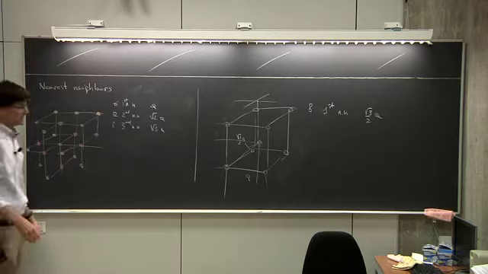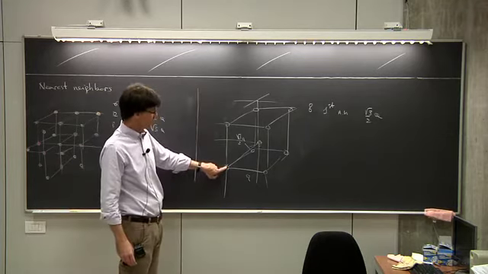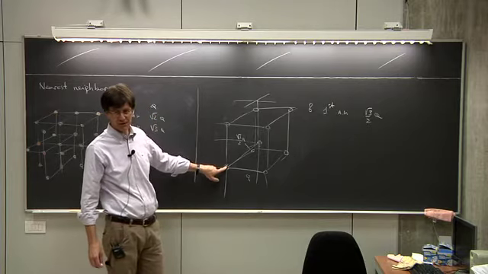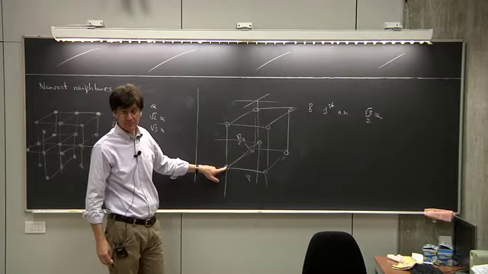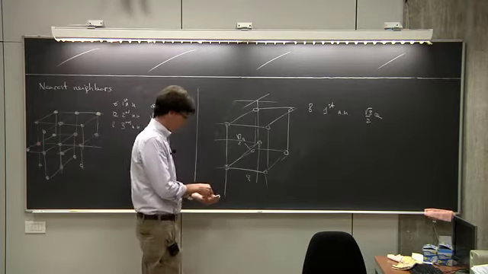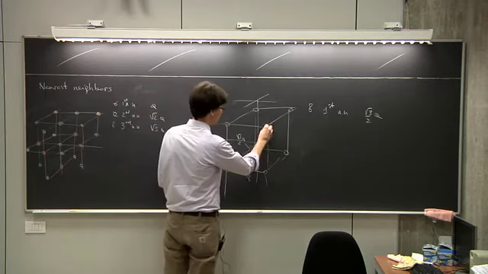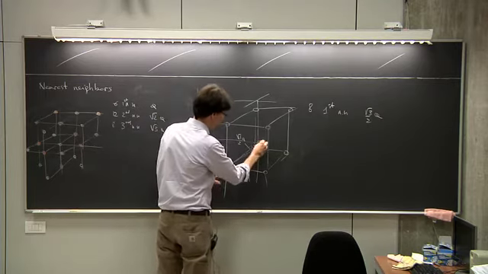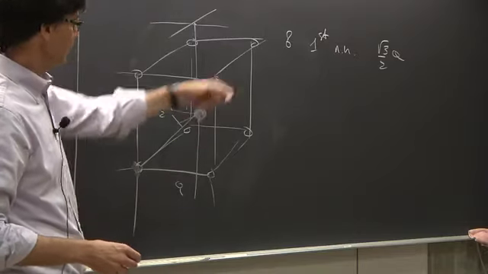What about second nearest neighbors? How many do I have? Now it's probably more convenient for me to sit here to find out the second nearest neighbors. What are the second nearest neighbors? 6, right? Let me use the usual notation, which is to use red for the nearest neighbors. So I'm using now this as the center. So this is the first nearest neighbor. There are 8 of them.